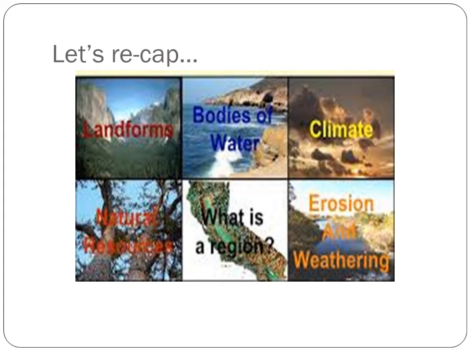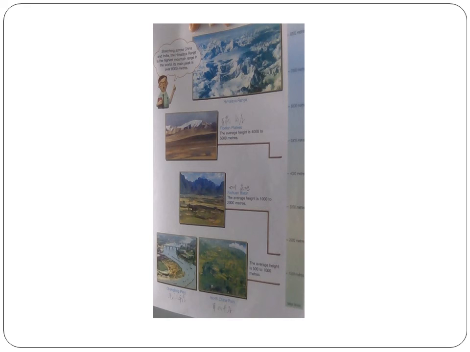Like hills are a little elevated, mountains are huge rocky structures, and a valley is a deep lowland between two huge mountains, right? So these are the different terrains which are present in the landform. By now, all of you should know what landforms are, what are the different types of landforms, and landforms are unique for a certain region or place.